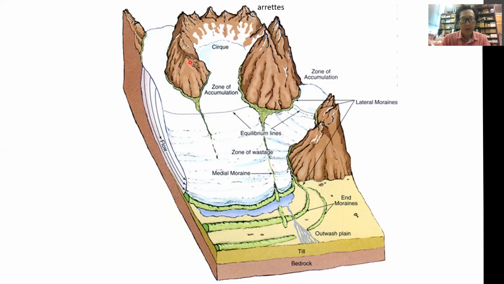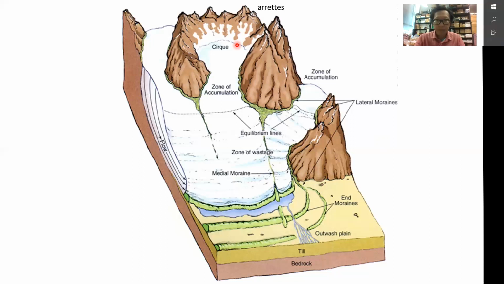Up in the high elevations is where you get the precipitation, and we call this the zone of accumulation. As the ice builds up, because it's essentially heavy, it will start to collapse under its own weight. And that's the beginning of the glacier forming.